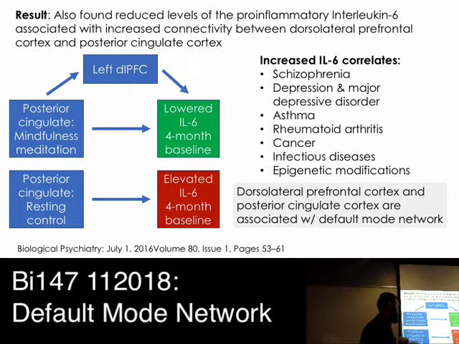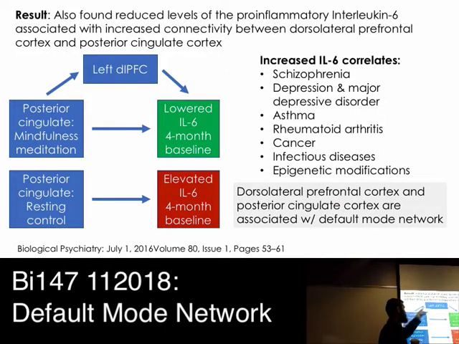All right, and the model that they have for this, they showed that in control there is connectivity. There's a correlation between activity in the posterior cingulate, which is this part of the brain that we pointed to last time, and IL-6 production.